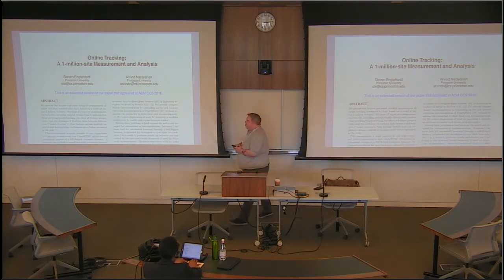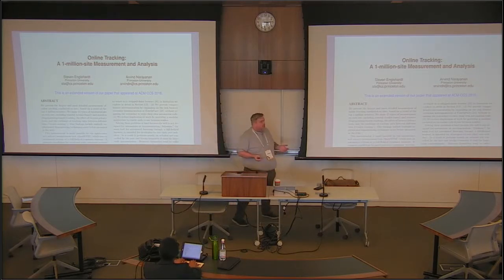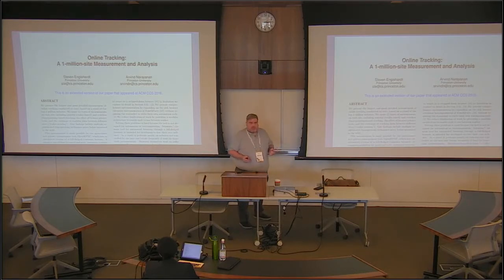The two of them did a measurement, an automated crawl of the top 1 million websites on the internet to determine how much third-party content was loading in those sites and how much of that was of a tracking variety, how much of that was actually tracking people, both in looking at where the HTTP requests and responses are being sent to and coming back from, and looking at the cookies themselves to determine whether or not they're unique enough to be used as a tracking device.